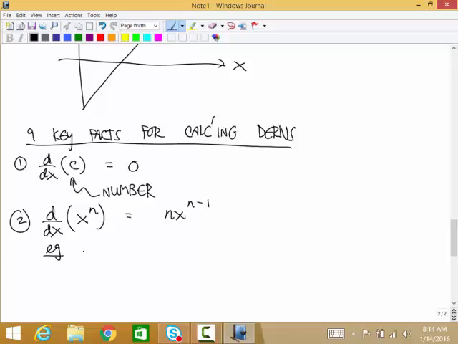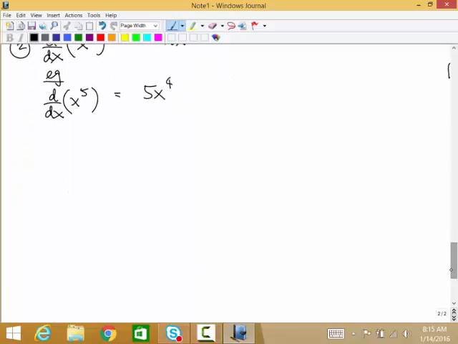So, like for example, d dx of x to the 5th is equal to 5x to the 4th. And then that also works with negative exponents. So d dx of x to the minus 2 is equal to negative 2x to the minus 3.